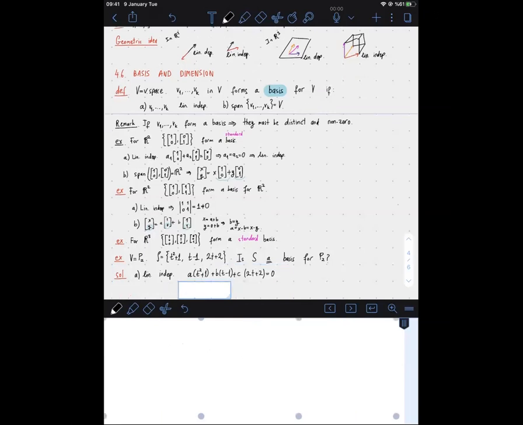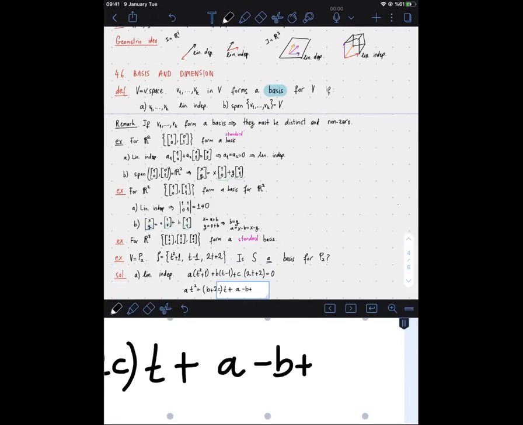We did this before. You see the t squared term has coefficient A, so A must be 0. Let me write it: A times t squared plus, looking at the coefficient of t, which is B plus 2C, and then the constant terms are A minus B plus 2C, and this equals 0.